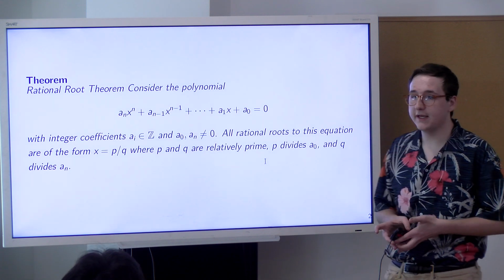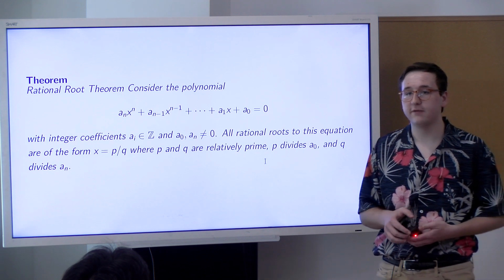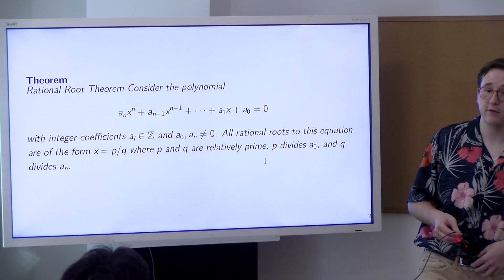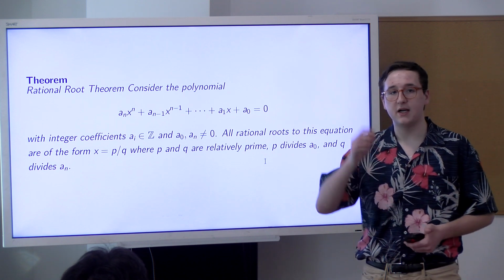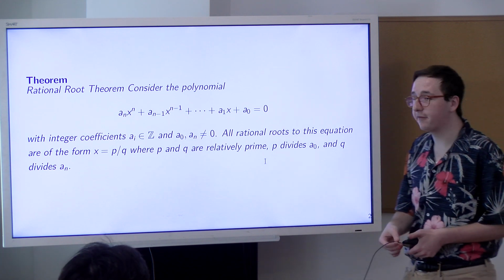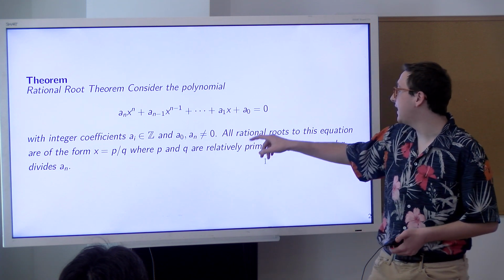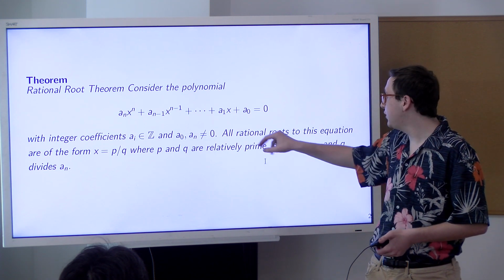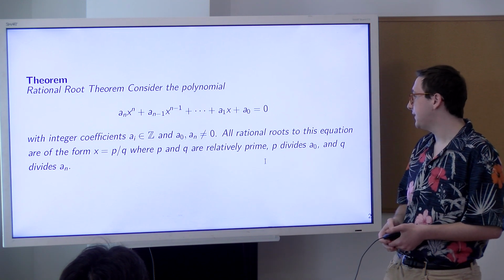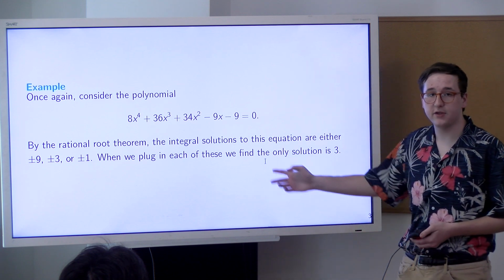So in algebra class, you should have learned about the rational root theorem. For a polynomial with integer or rational coefficients, you can determine plausible solutions by taking every rational number p over q, where p divides a sub 0 and q divides a sub n. Consider this polynomial.